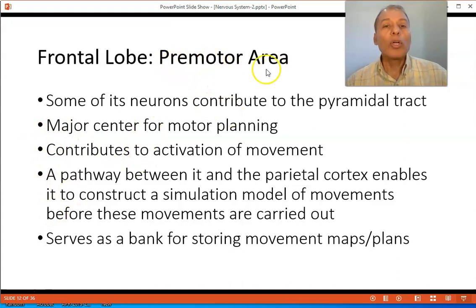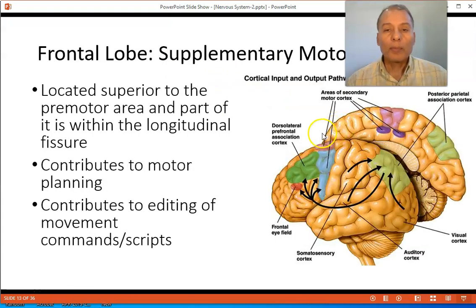I needed you to know where it is, to know exactly what it does, and to know that Broca's area lies anterior to the foot of the premotor area, or the premotor cortex. So here is the motor cortex. It is not highlighted. The area in blue and in purple is the premotor cortex.